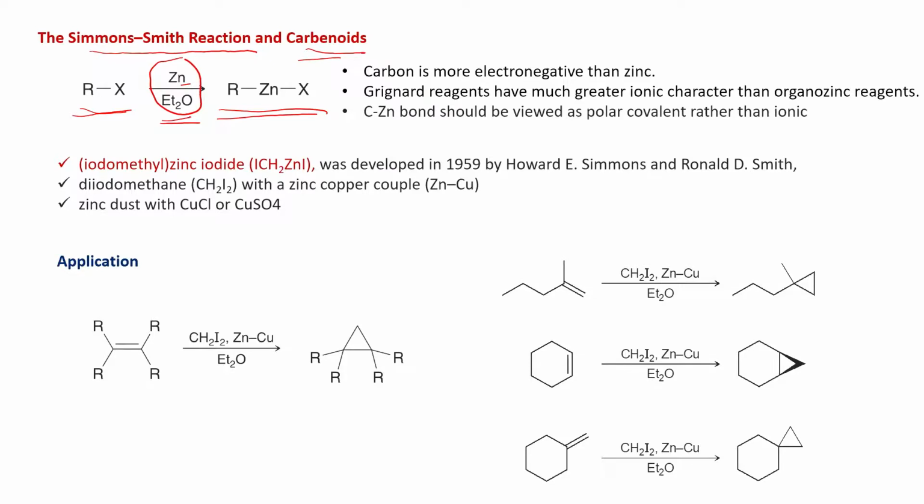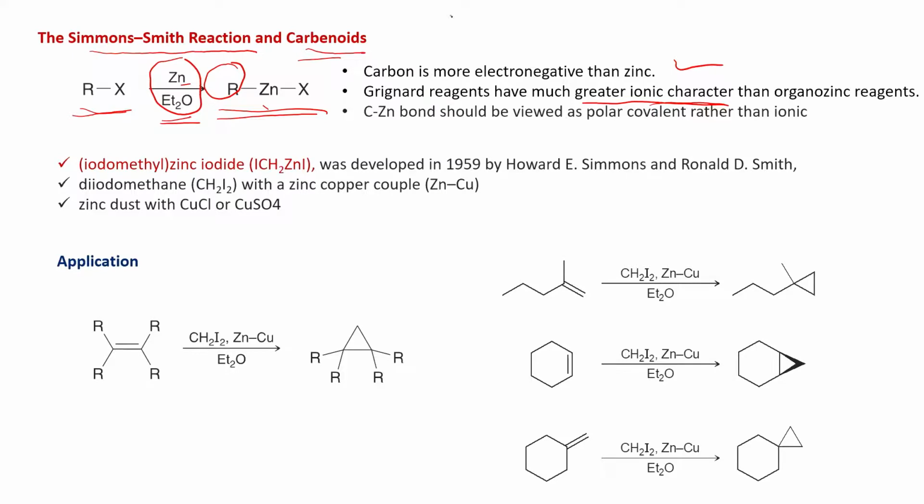And you know carbon is more electronegative than zinc. Okay, and the ionic character is less because the difference in electronegativity is less.